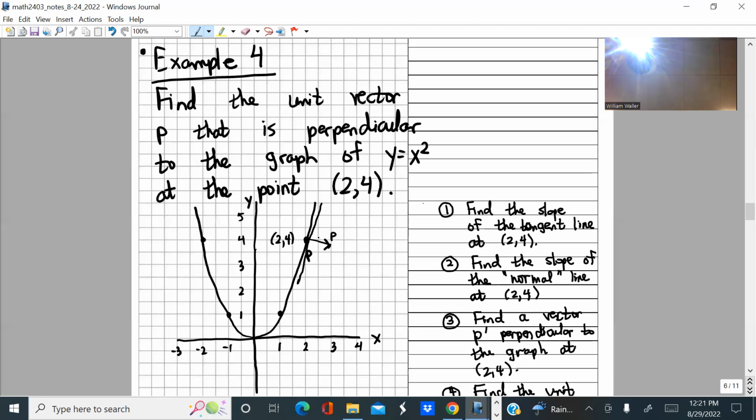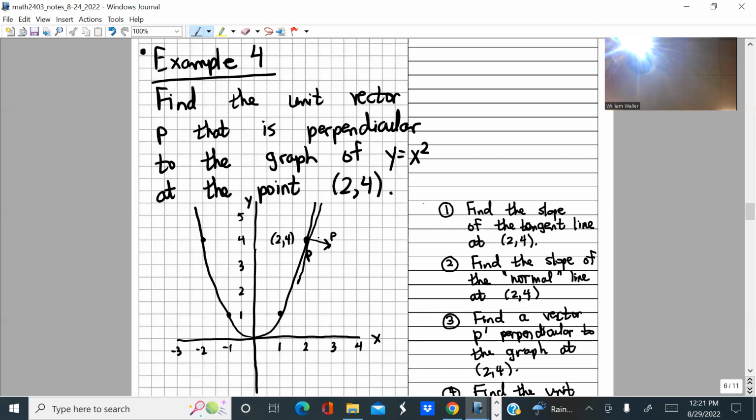So what's the famous relationship between perpendicular lines? How do you know that two lines are perpendicular, other than just looking at them and seeing that they look perpendicular, which might be misleading?